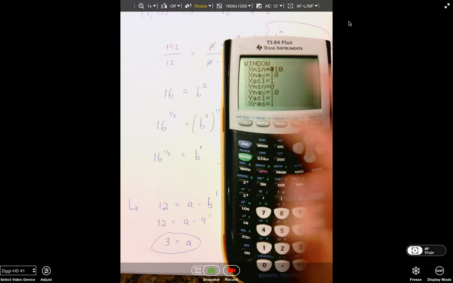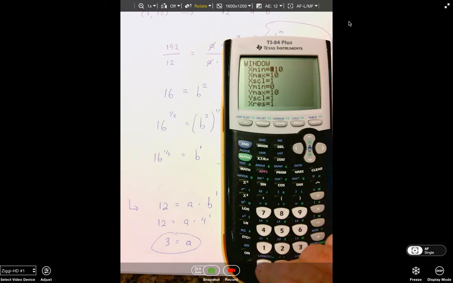I can think about my window, and my x's in this problem ran from 1 to 3, so I'm going to go just 0 to 5. And my y's went from 12 to 192, so I'm going to start this at 0 and go up to about 250 or so. So I can get my exponential function here.